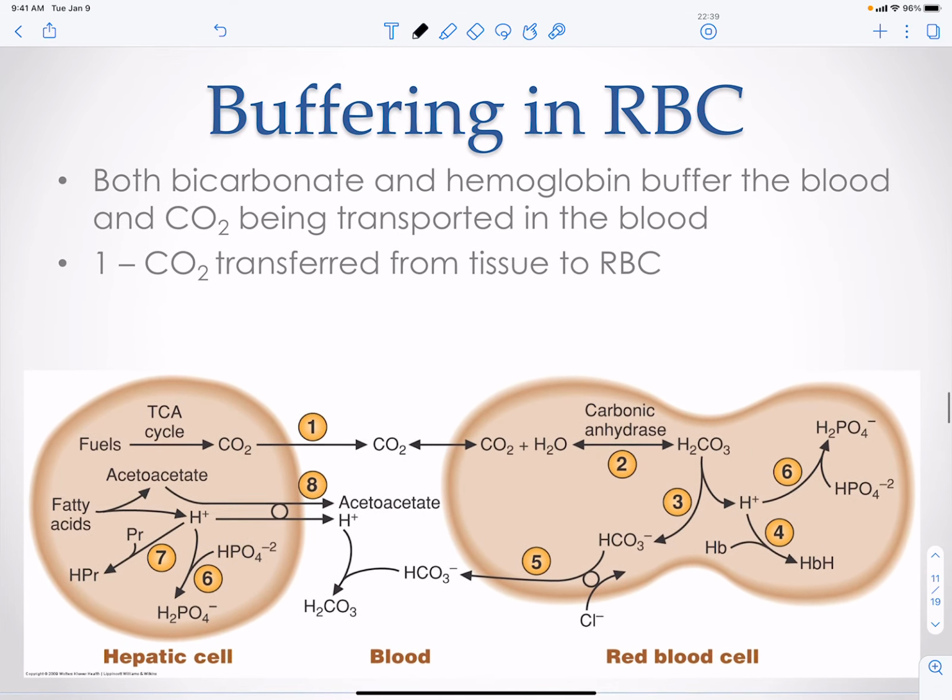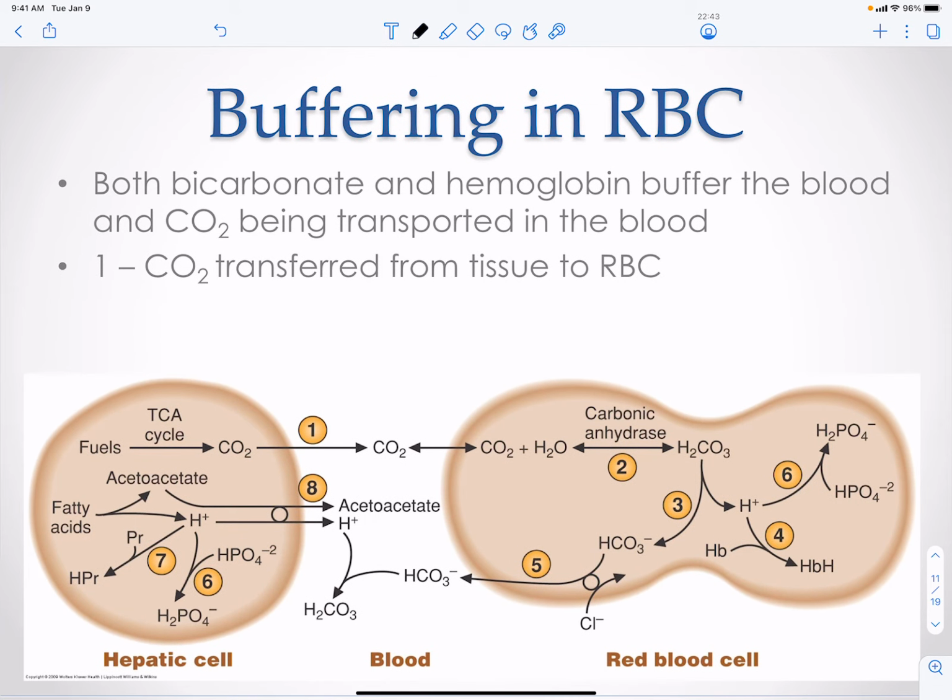So let's just talk a little bit about buffering in the red blood cell. Again, bicarbonate and carbonic acid are going to be the major buffers for the plasma as well as interstitial fluids. You first have your carbon dioxide, which is a waste product, and it's a weak acid.